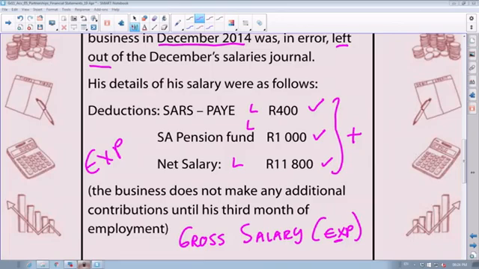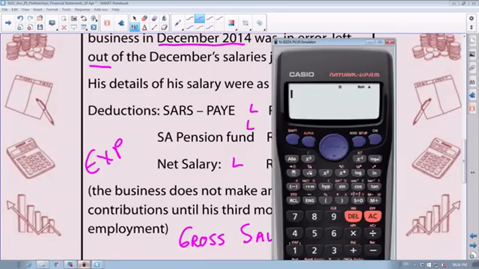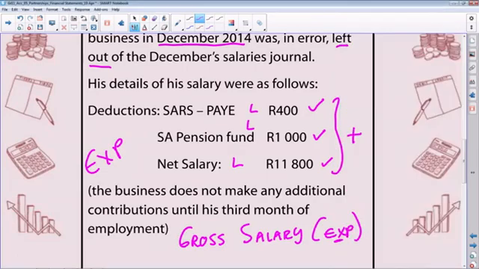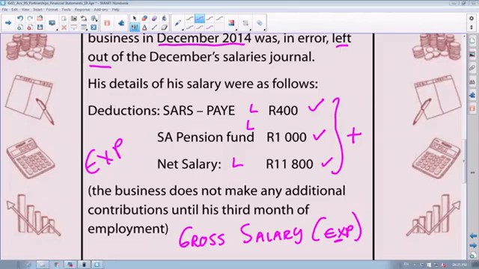So all we're going to do is add these figures to get our gross salary. Let's get the calculator out. Right, so let's add. We've got 400, SARS PAYE, plus the pension fund, an amount of 1,000, plus the net salary 11,800, and that gives us our gross salary of 13,200 that wasn't taken into account.